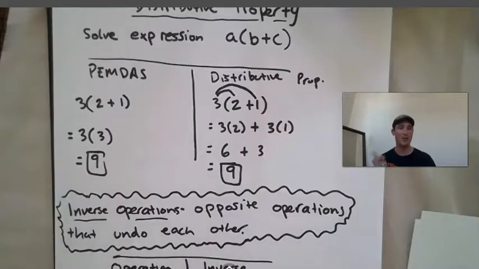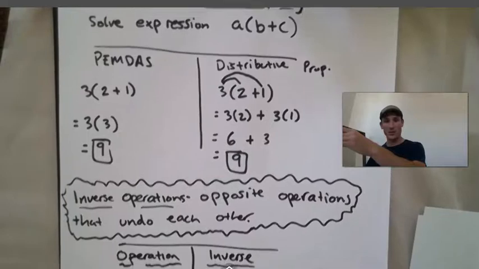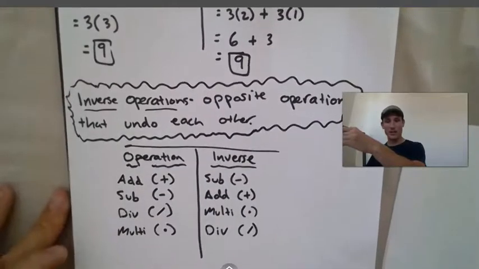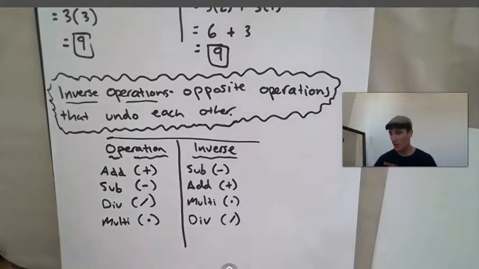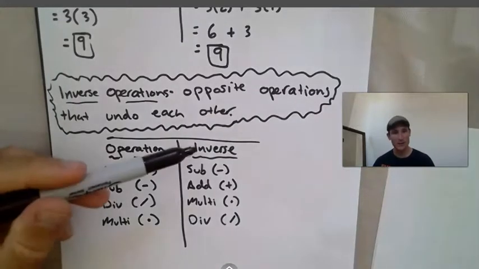Okay? Operations are things like multiplication, division, subtraction, and addition. And then we're going to talk about exponents and square roots later. Okay, so a T-chart that might help you understand this looks like this. We have our operations and we have their inverse.